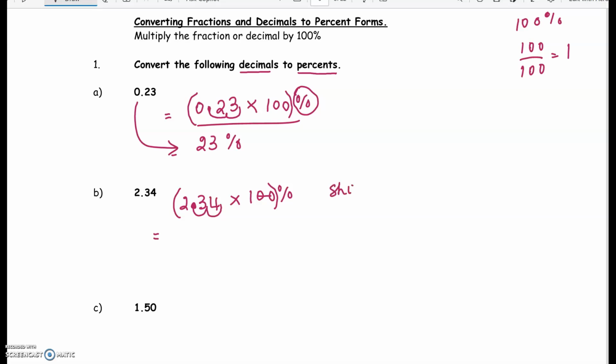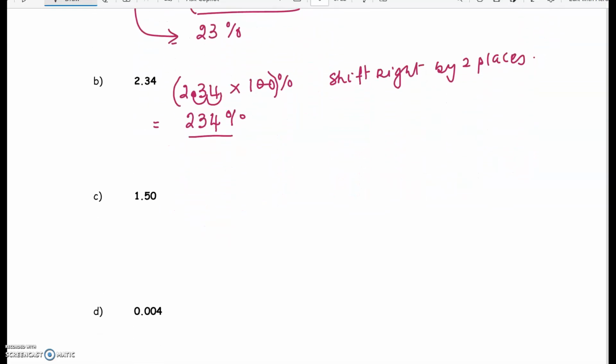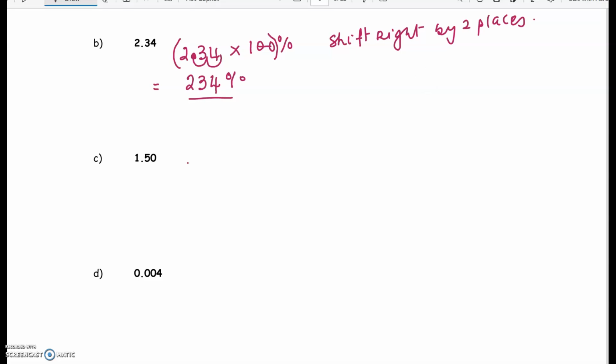So shift to the right by 2 places. So that becomes a 234%. So notice that if it's a 2, then it would be a 200%. So if it's 2.34, it's 234%.